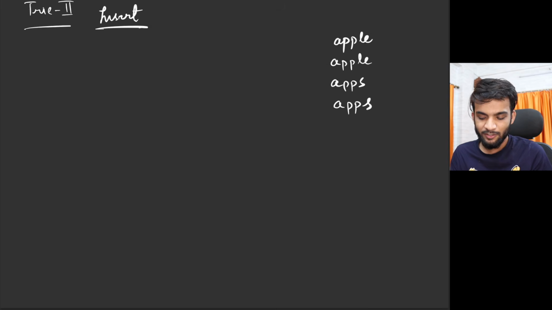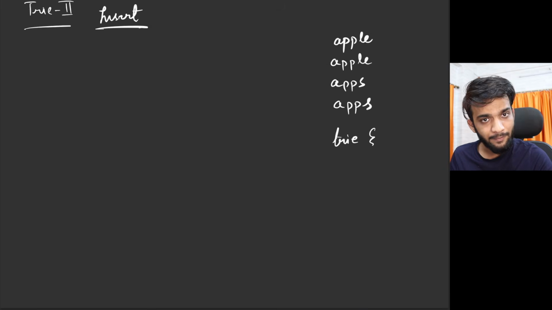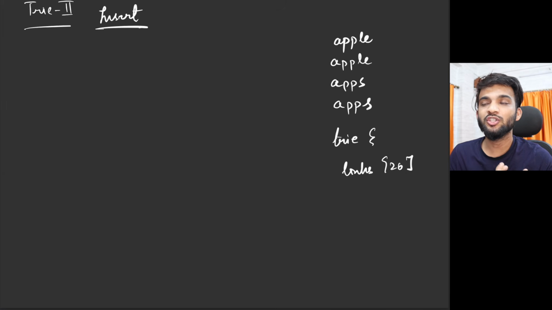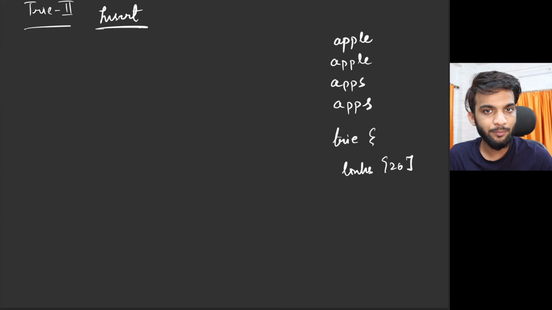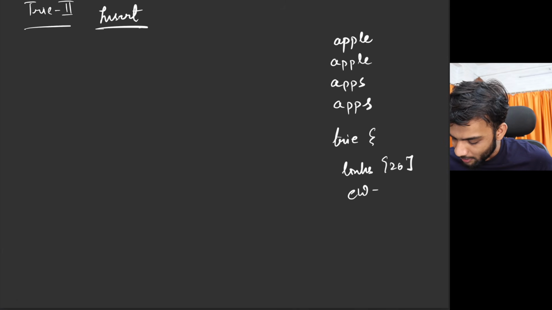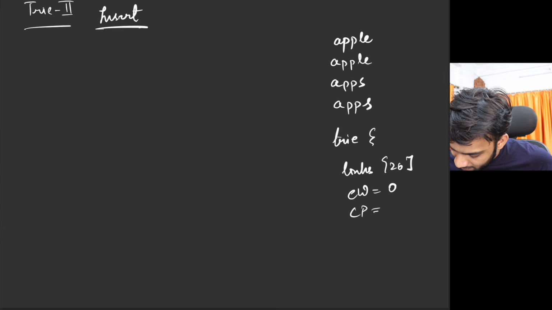So what we will do is declare a trie over here, similar to the previous one, containing the links of 26 characters. But instead of having a flag which told us that true means there does exist a word, we will have a variable endWith equal to 0 and countPrefix as 0.